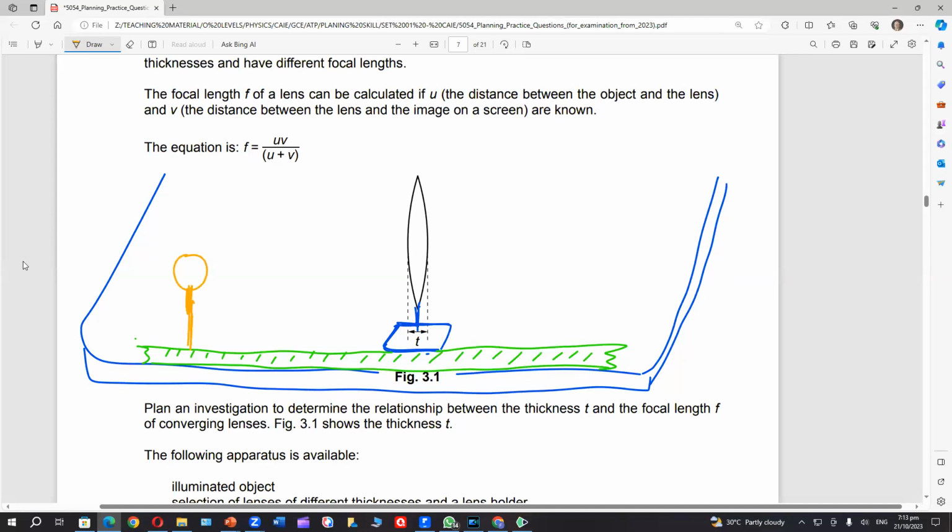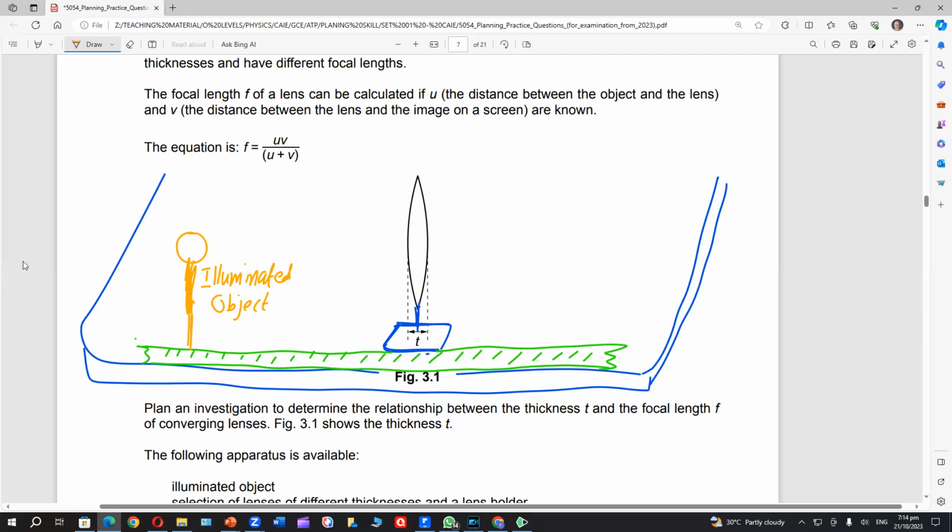So I put it here. This is the illuminated object.